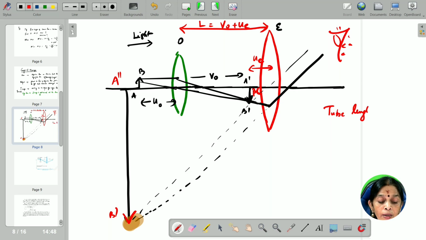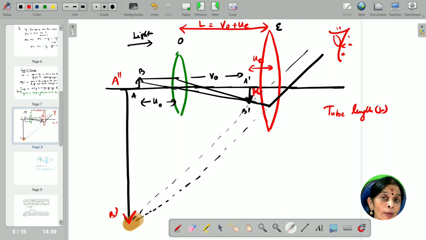You see, in the NCERT textbook the tube length is defined as the distance between the second focal point of the objective lens, which will be here, and the first focal point of the eyepiece lens. That is how you need to define the tube length.